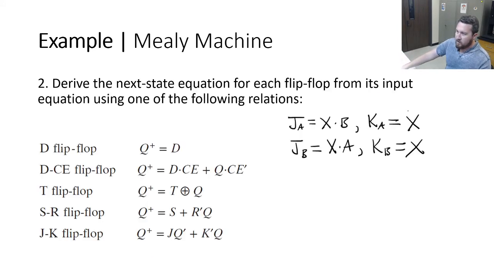All right, moving right along. Step 2: derive the next state equation for each flip-flop from its input equation using one of the following relations. We're using JK flip-flops. I've copied over our state equations here.